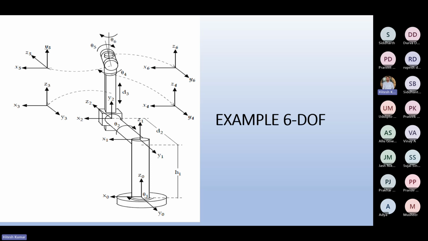The transformation matrix includes position and orientation. What do you mean by position? Position means coordinates. And orientation? Angle. Orientation means the directions, mainly in which direction, in which angles it will be.